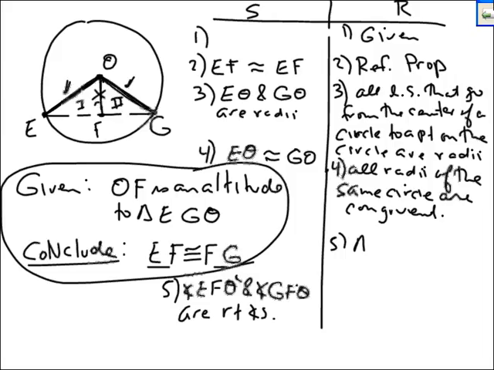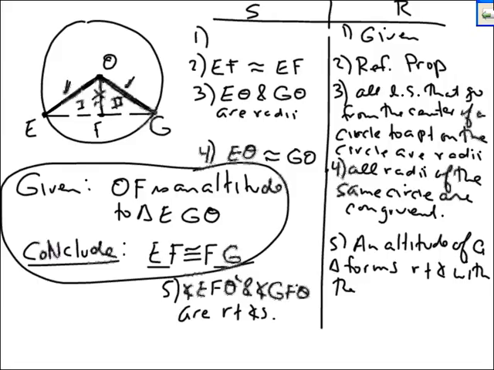In altitude of a triangle forms right angles with the side to which it is drawn. Forms right angles with the sides to which it is drawn to.